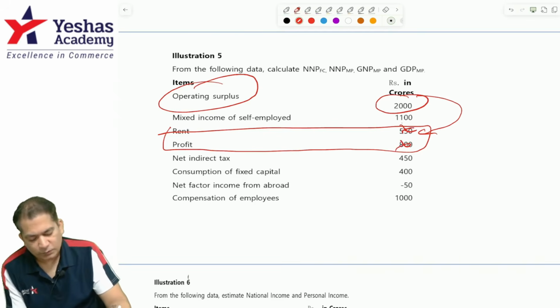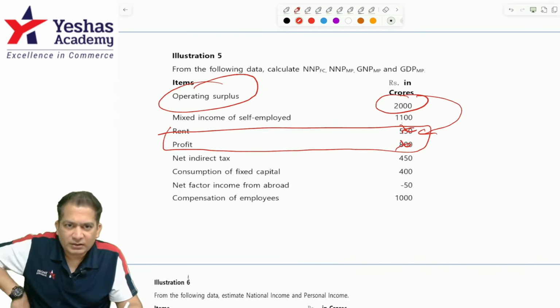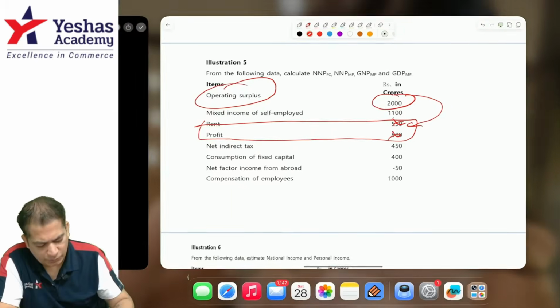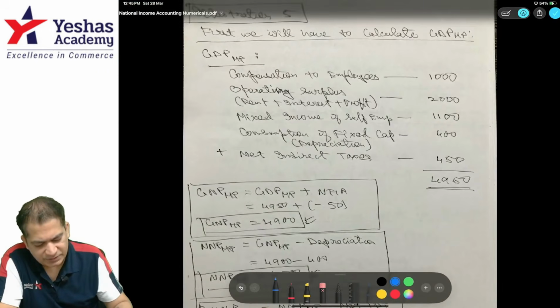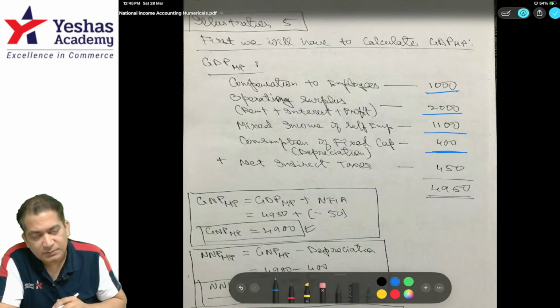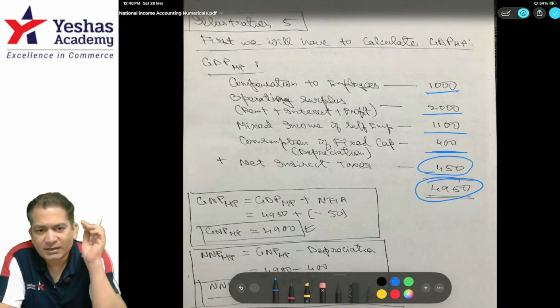So we'll apply the formula: compensation to employees plus operating surplus plus mixed income of self-employed. Exactly the same thing is done here. Compensation to employees, operating surplus 2000, mixed income of self-employed, depreciation (consumption of fixed capital) and net indirect taxes are added, and what you get is GDP at market price.